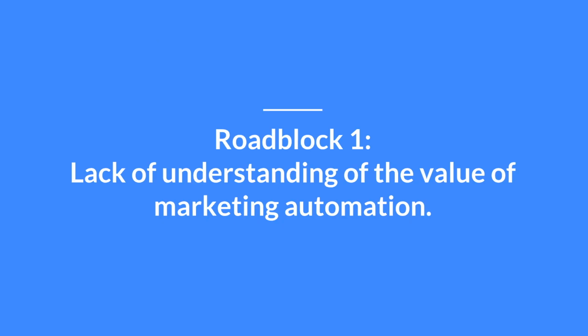Now we'll quickly go one by one through the roadblocks that we mentioned at the beginning of this part of the tutorial, and we're going to discuss how each roadblock has been addressed. The first one, lack of understanding of the value of marketing automation, has been addressed by explaining the way marketing automation works, giving examples of how it can be implemented, and giving examples of the goals and values that it can bring to each team.